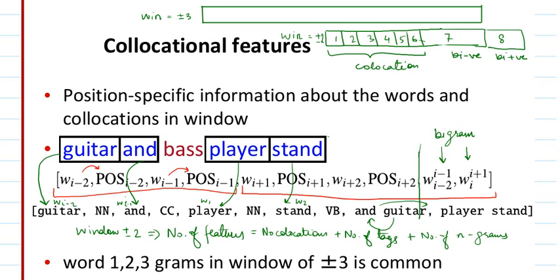So these are the first 6 co-locational features and their positions, 1 2 3 4 5 6. Okay, then how many bigrams will we be having? We will be having 2 bigrams.